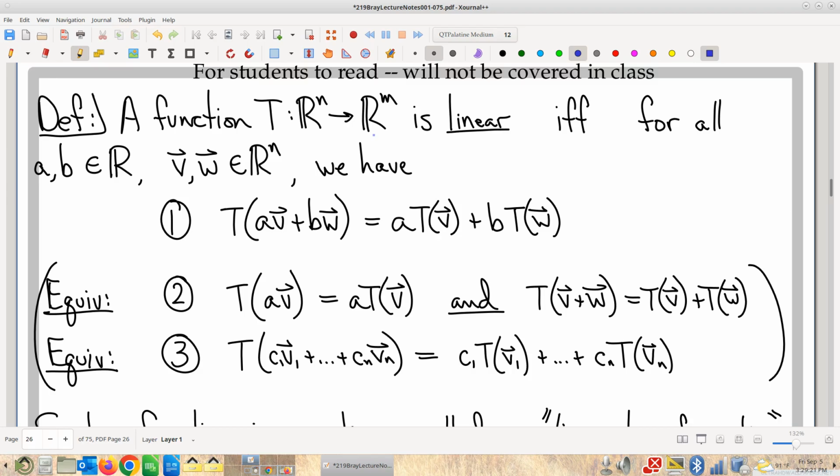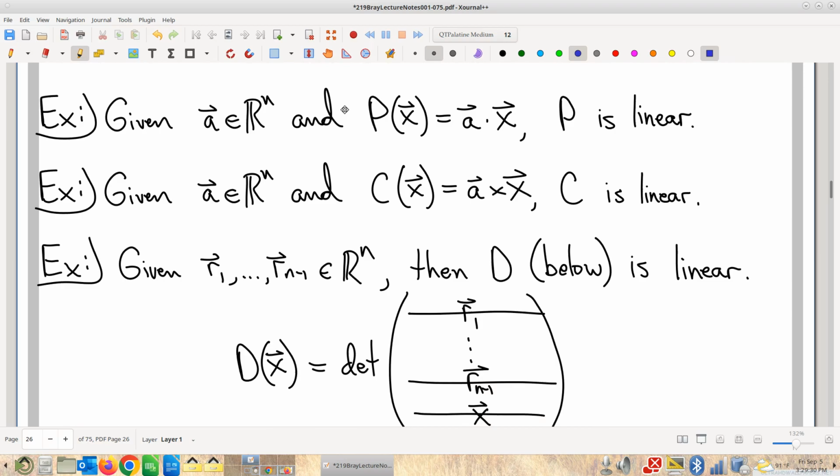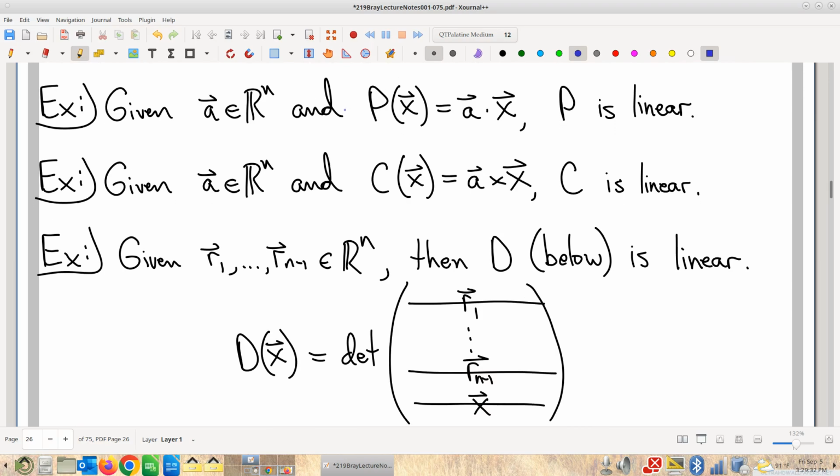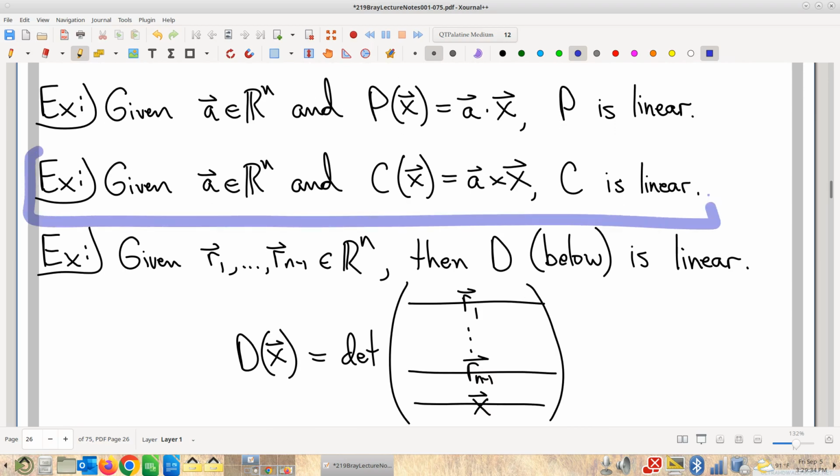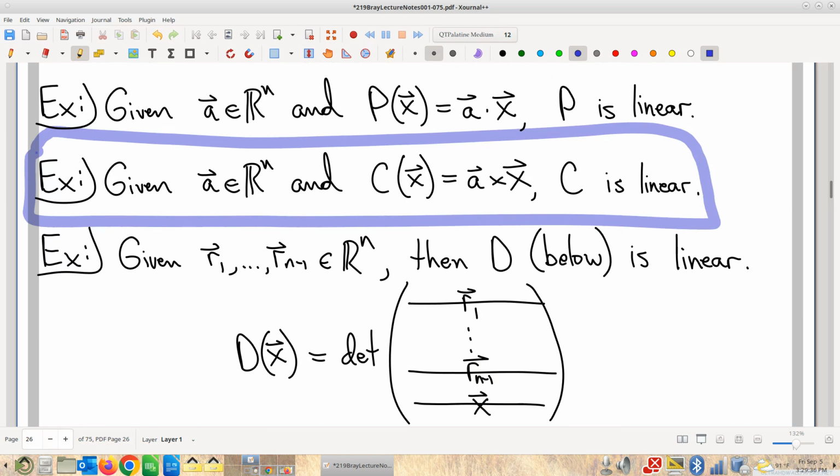All right, now real quick, and you'll notice y'all are going to read most of this section, so do take that time. I will point out, we've already kind of done this example here. We talked about it last time when we were talking about cross products, and I made the statement that, in a sense, you could say that cross products are linear.